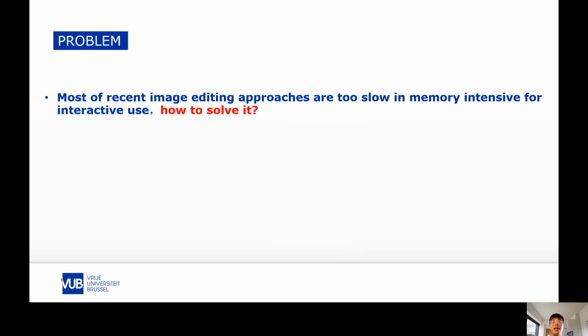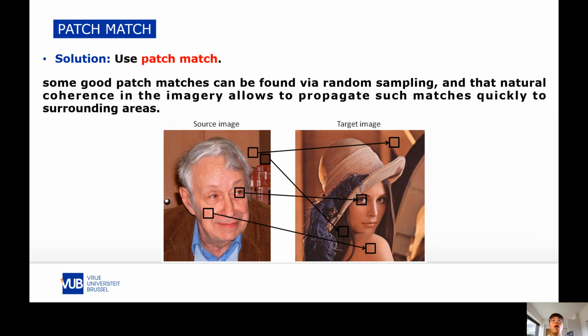So for now, let's turn to the problem. Most recent image editing approaches are too slow and memory intensive for interactive use. So how to solve it? The author proposes an interactive image editing tool based on a randomization algorithm, which is used to quickly find the corresponding small area between two images.